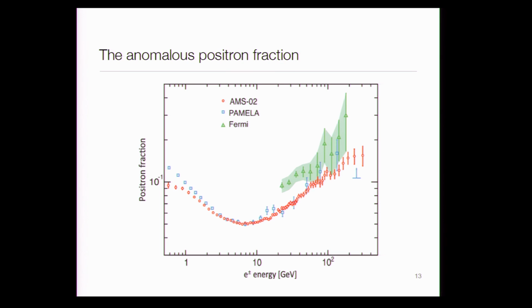And if I were to plot the model for the secondaries again on this graph, it would drop something like this. So there's a huge discrepancy between what we expect just simply from the interaction of cosmic rays and what we measure. And this could be a sign that what we are seeing is a sign of the annihilation of dark matter.